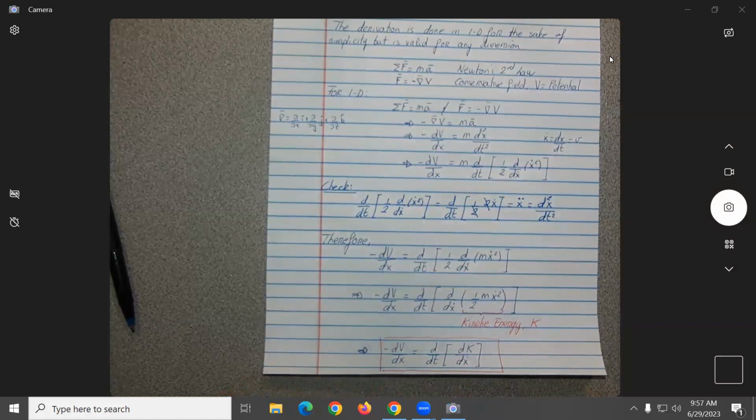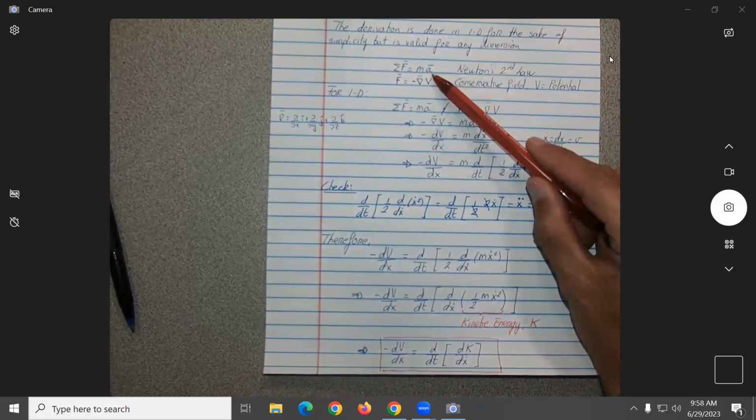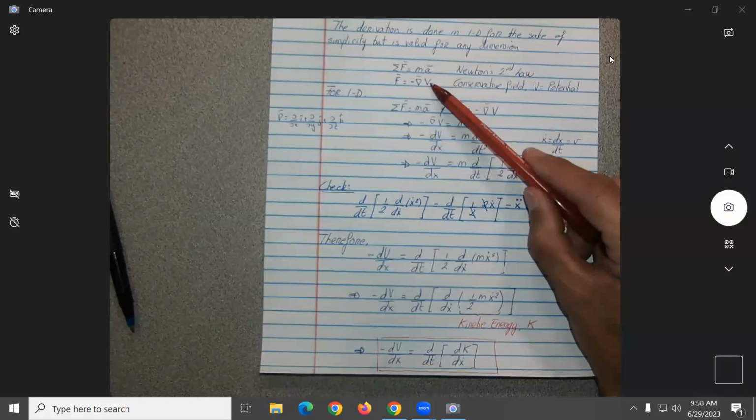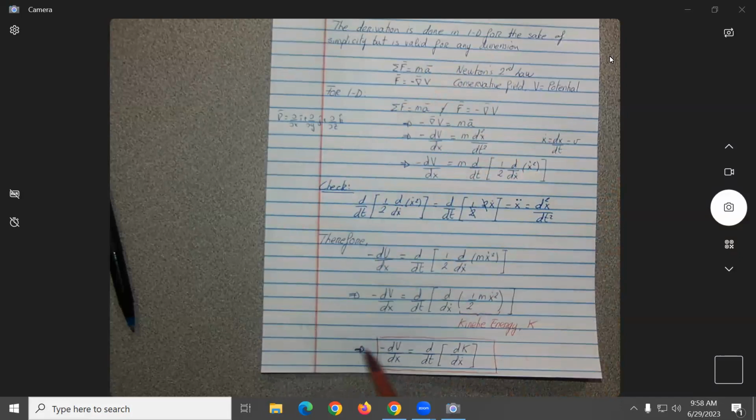Okay, so basically, what is the stuff that we have just now derived? We have said that summation of forces equals MA, no? In the case of conservative forces, you can rewrite summation of forces equals MA in which form? This one over here, no? So really, this is the same thing as summation of forces equals MA.